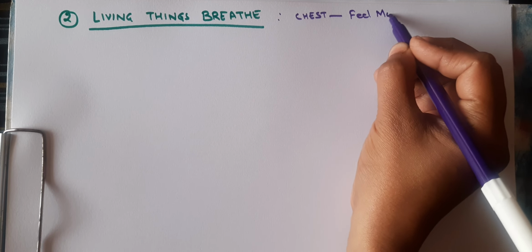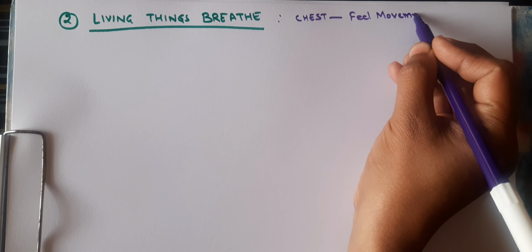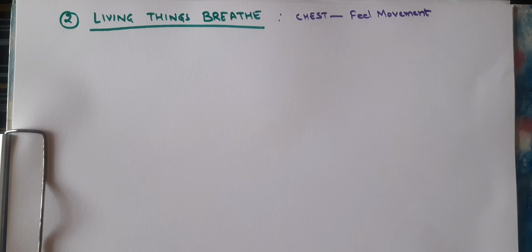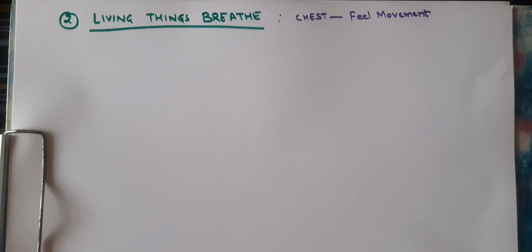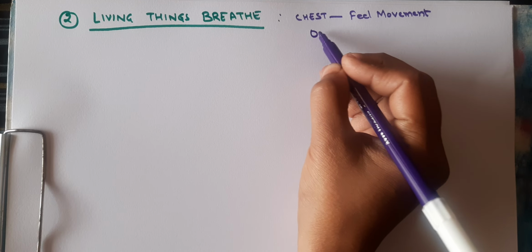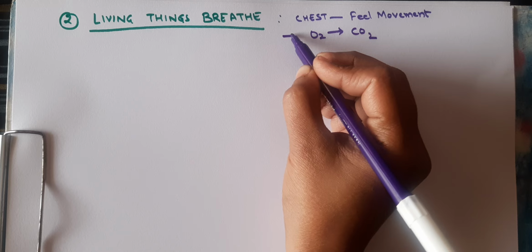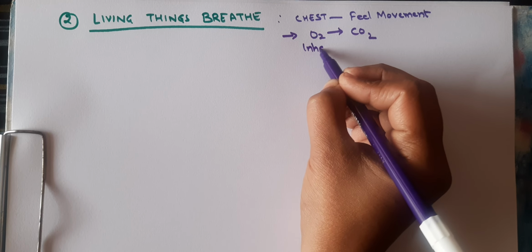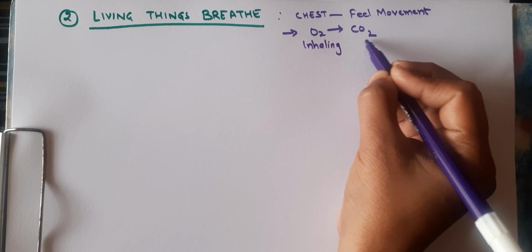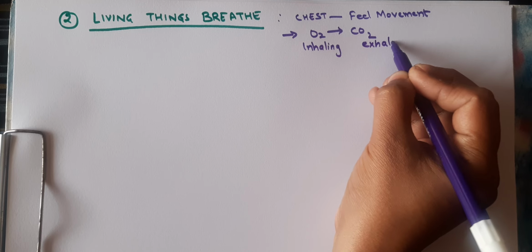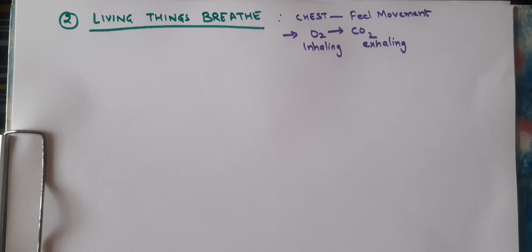So what are you feeling? Your chest is going upward and then it will go downward. So this movement is because we are breathing. We are inhaling oxygen and exhaling carbon dioxide, okay? Exhaling means we are pushing out the carbon dioxide. So this movement is due to breathing.